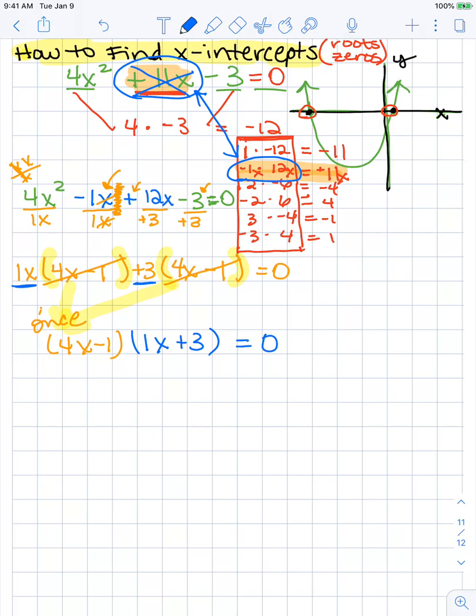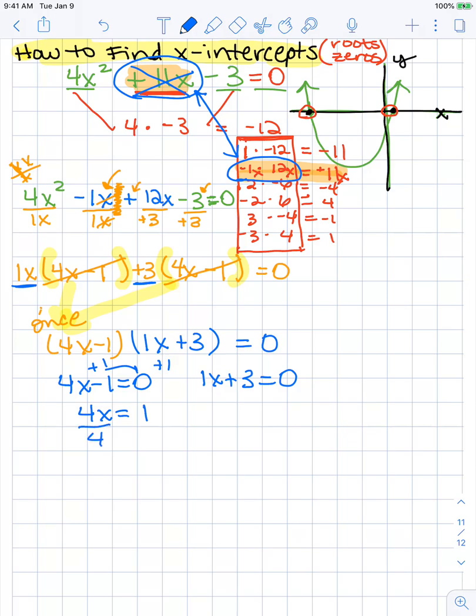And then I'm going to take each of my factors and set them equal to 0 to find out my x-intercepts. So I take my 4x minus 1 and I make it equal to 0. And my 1x plus 3 and I make it equal to 0. And I solve for x. When I move the 1 to the other side, I get 4x equals positive 1, or you can add 1 to both sides.